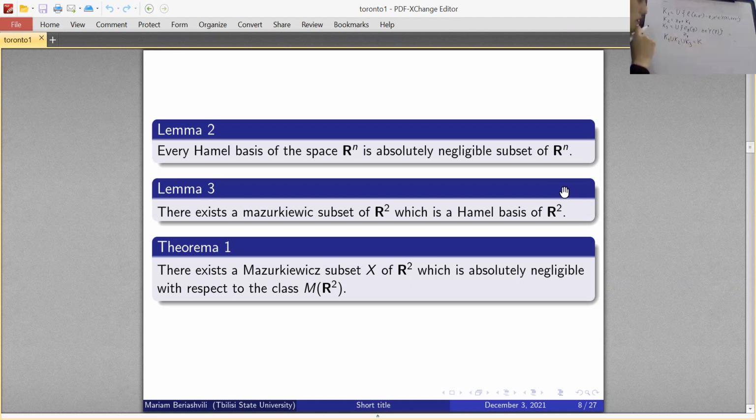We can deduce from here that the cardinal of R squared minus K will be equal to C, strictly less than continuum.